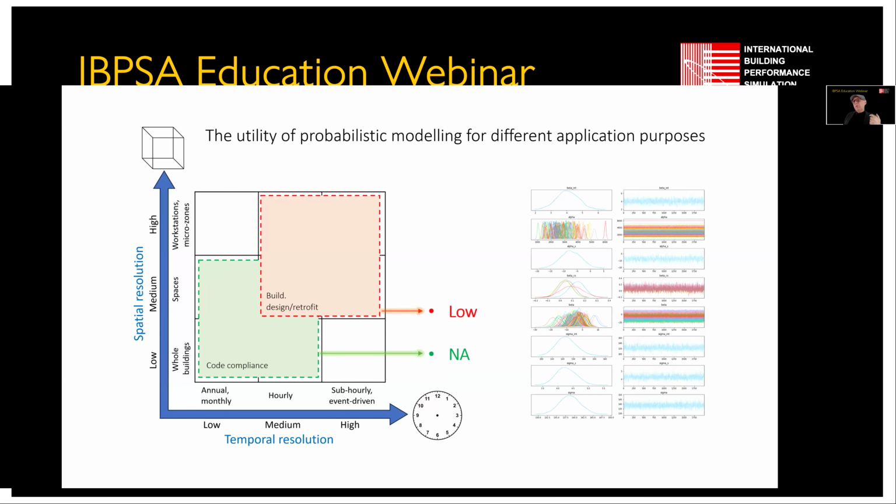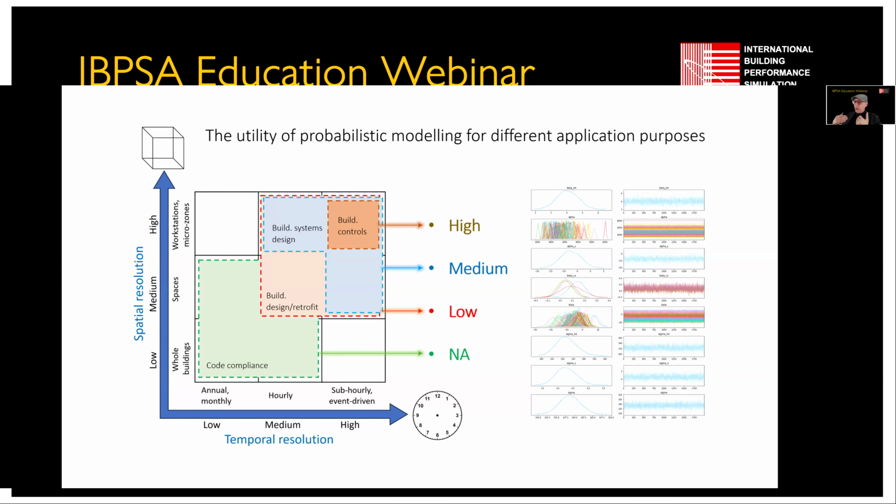If I talk about building design and retrofit, okay, I can use them, but I'm not quite convinced that their application is crucial. When you go to building systems design, when we're talking about differential loading, dependency on occupancy or weather patterns that could be extreme, that may be more useful. And of course, when we go to real-time building operation, then that may be even necessary.